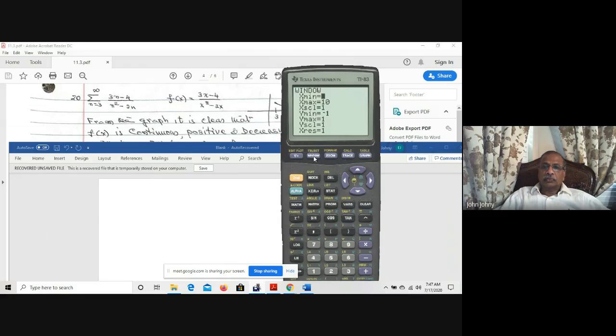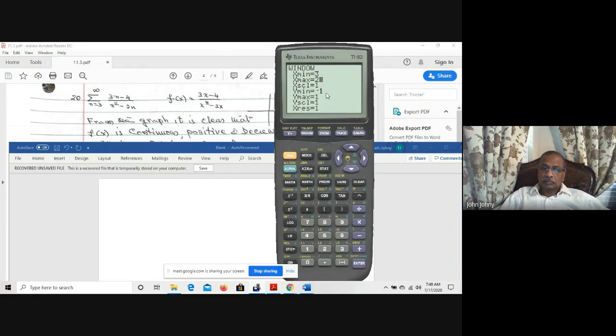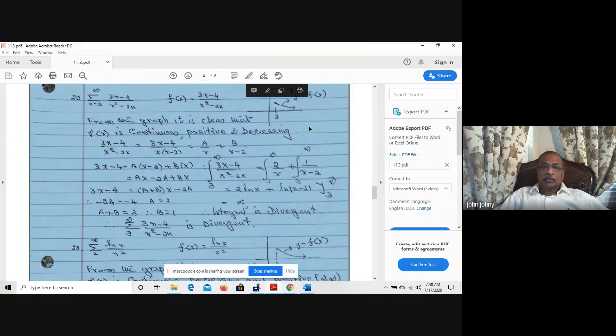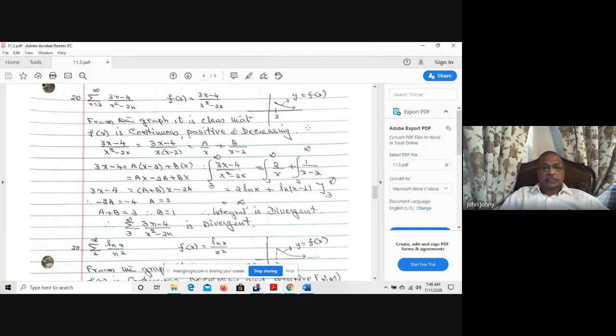You set the window from 3 to 10 or 3 to 20, whatever it is. See the graph. So it is decreasing, positive, and continuous. So from the graph, it is clear that f(x) is continuous, positive, and decreasing. So you can use the integral test.